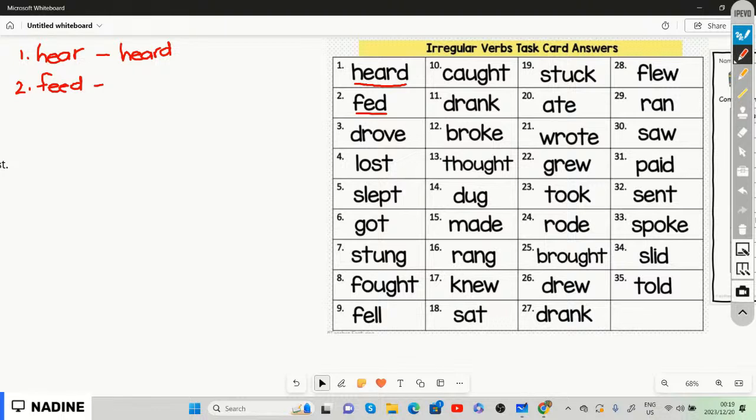So the present tense of that specific word is feed. And in the past, or yesterday, or the day before, I fed the dogs. So as you can see so far, the spelling of the specific words changed.